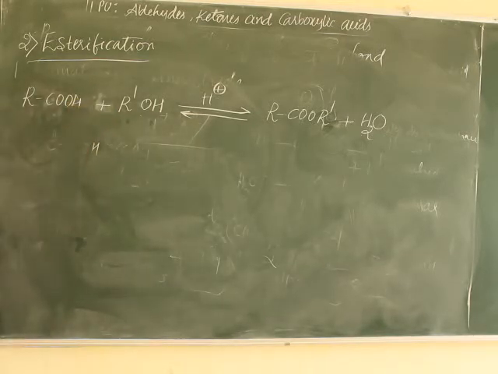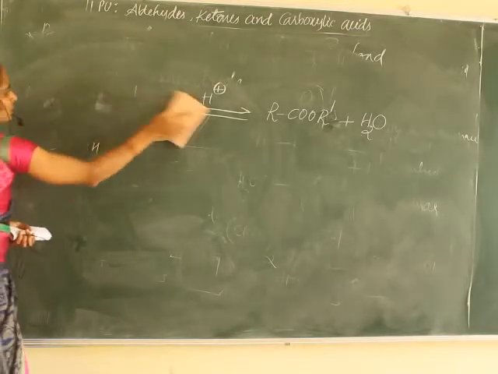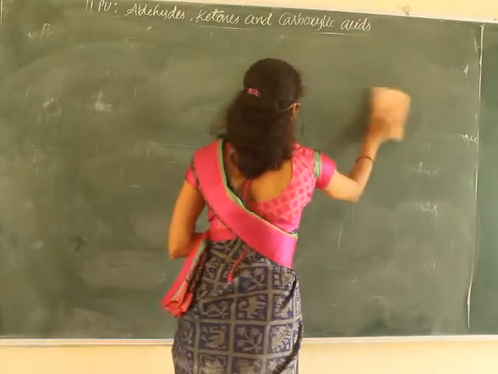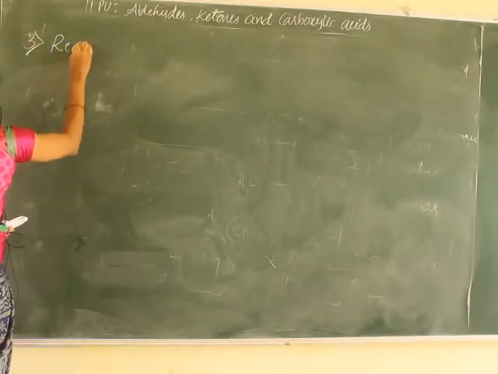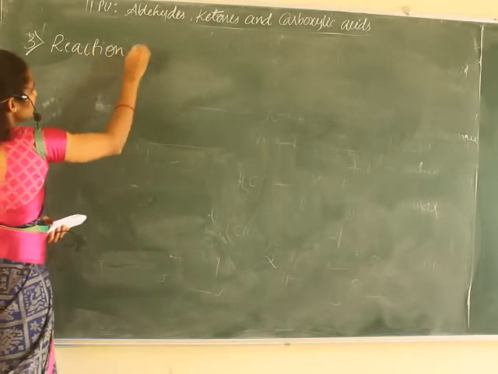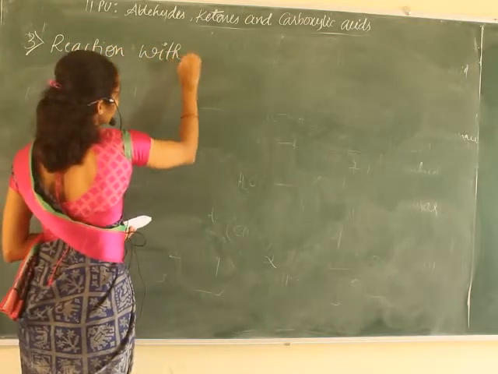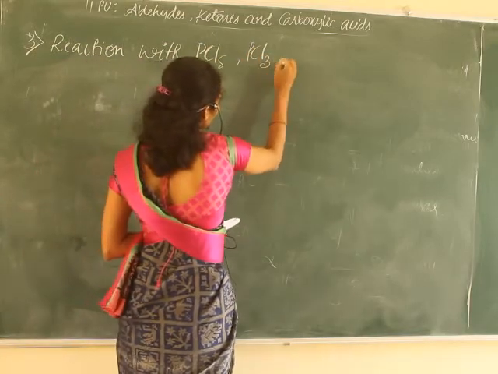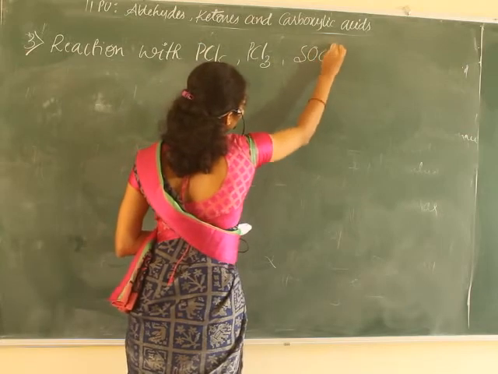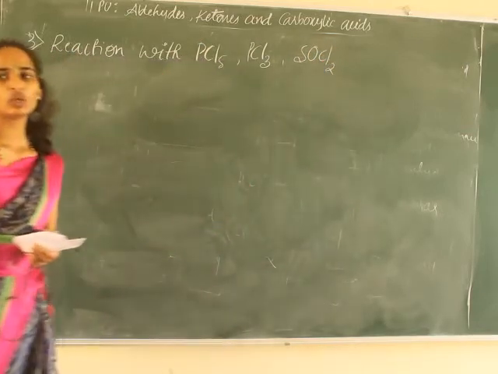Next reaction is the reaction with PCl5, PCl3 and thionyl chloride. These reactions we have already studied in our first lesson, right? Somewhat the same reaction we have studied. That is the third one, reaction with PCl5, phosphorus trichloride and thionyl chloride, SOCl2.